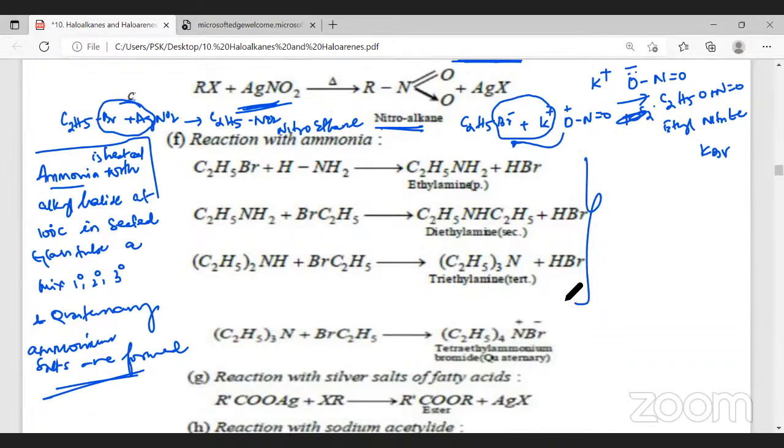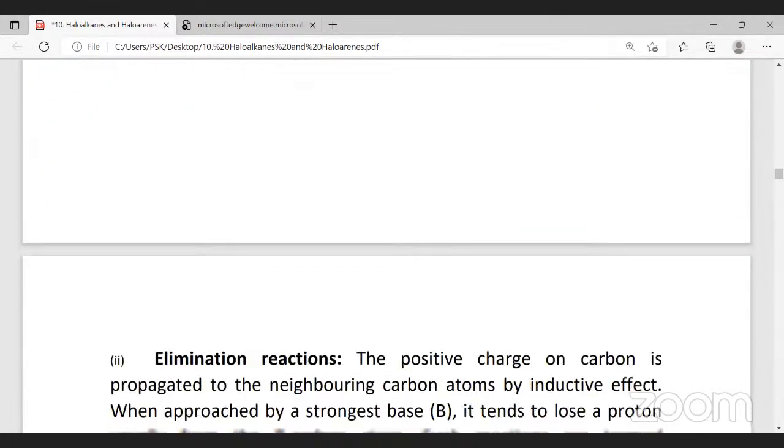This is a reaction which can be used to differentiate primary, secondary, and tertiary amines. Organic compounds containing NH2 groups are called amines. So by ammonolysis, or by reacting the alkyl halide with ammonia, we can differentiate between primary, secondary, and tertiary amines.